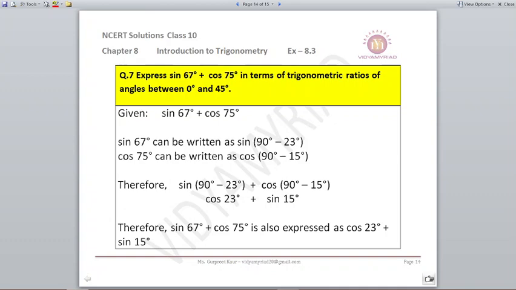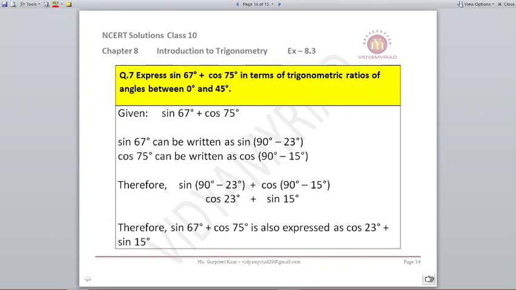Express sin 67 plus cos 75 in terms of trigonometric ratios of angles between 0 and 45 degrees. Now sin 67 can be written as sin (90 minus 23) and cos 75 can be written as cos (90 minus 15).